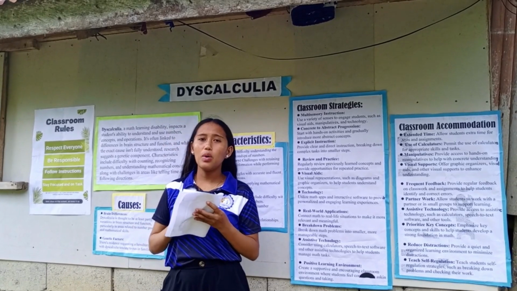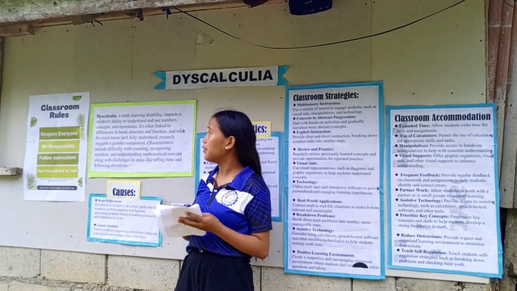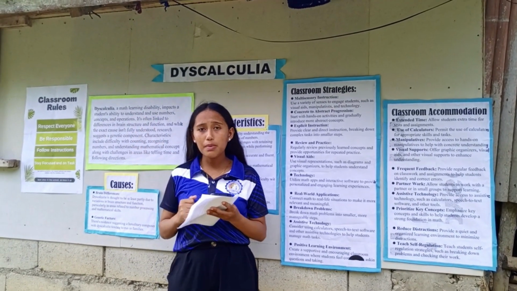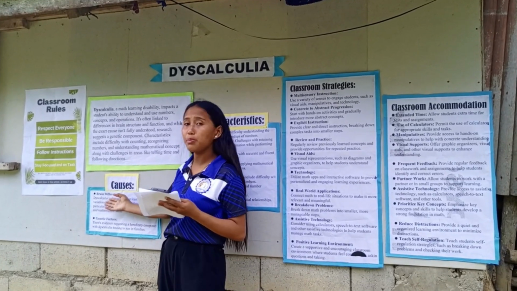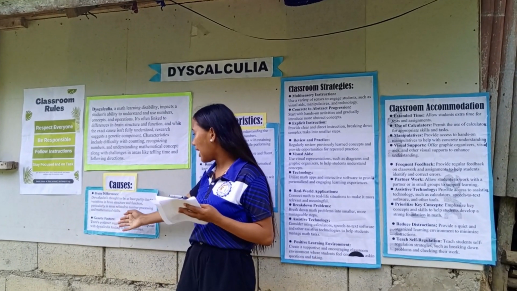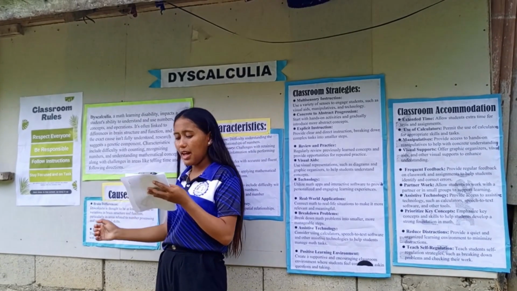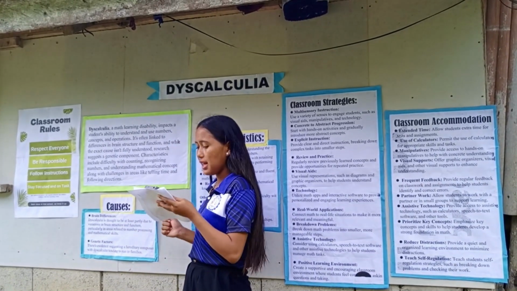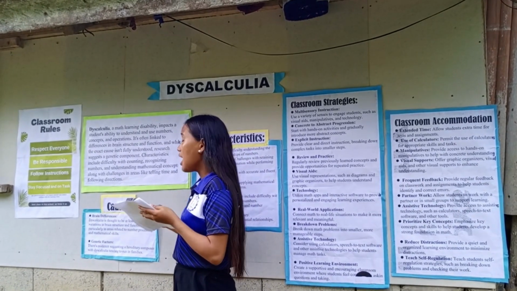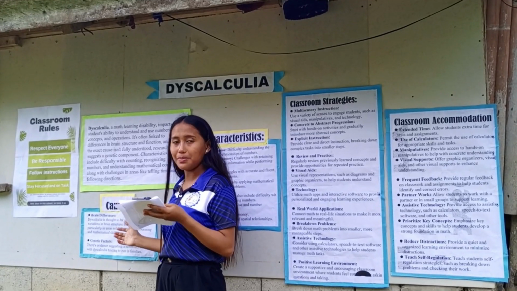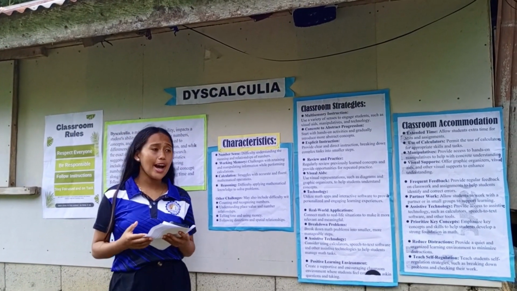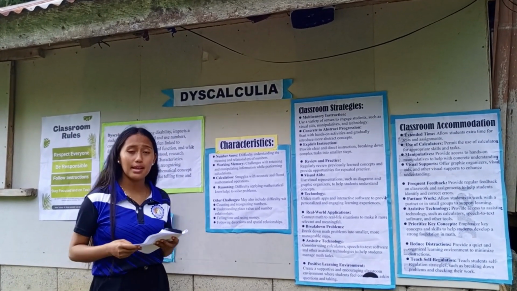So what would be the possible causes of dyscalculia? The possible causes are, first, brain differences, and second, genetic factors. In genetic factors, it runs in families, suggesting hereditary components. So now we are done with the causes of dyscalculia.